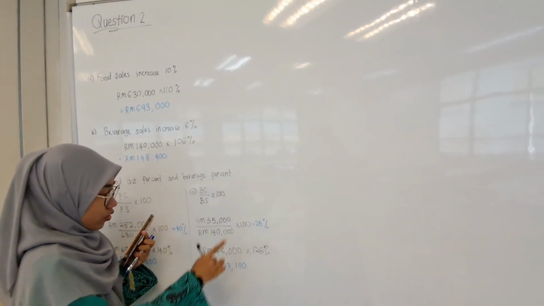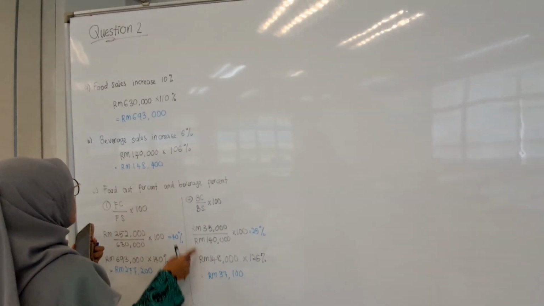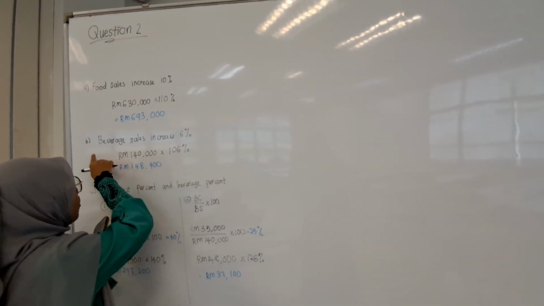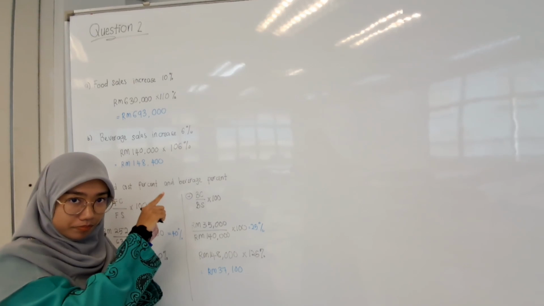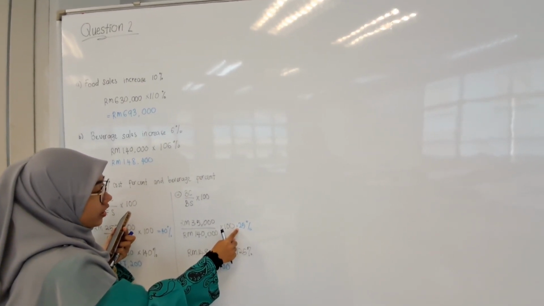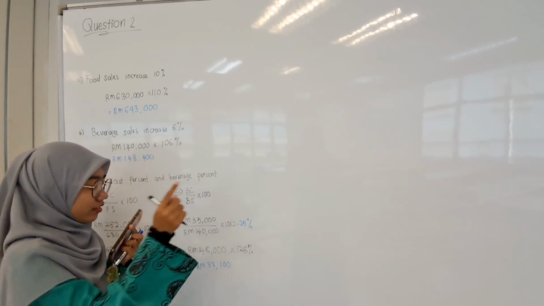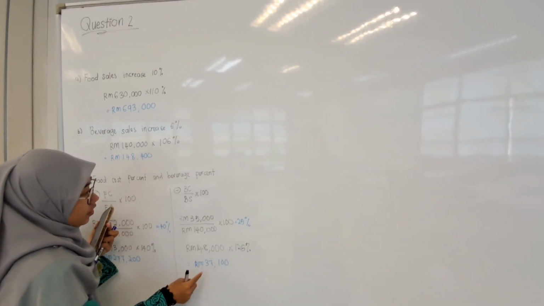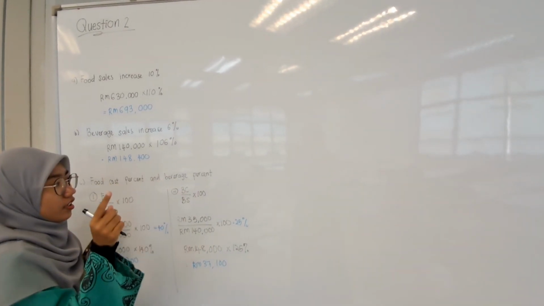Percentage. So we use the beverage sales that we found at number B. So we multiply by 25%. So this answer that we get for the beverage sales.